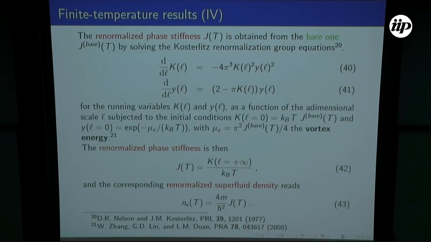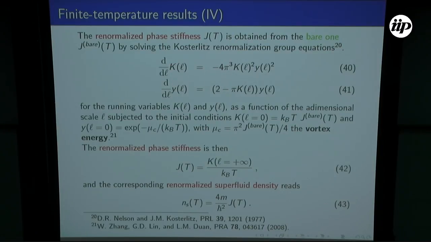Well, last year the Nobel Prize was given to Kosterlitz and Thouless just for having done this, and they wrote the Kosterlitz equations, and I will not show the detail.